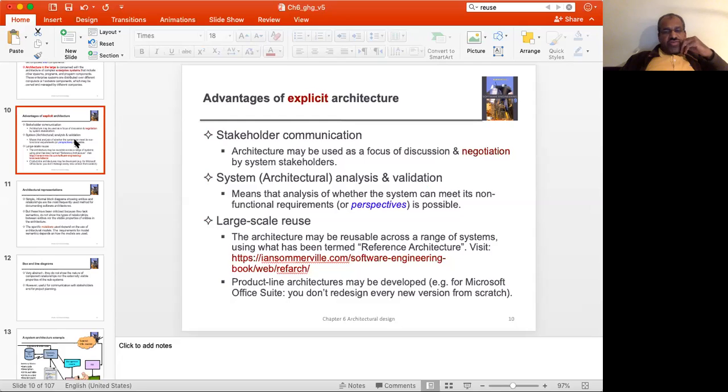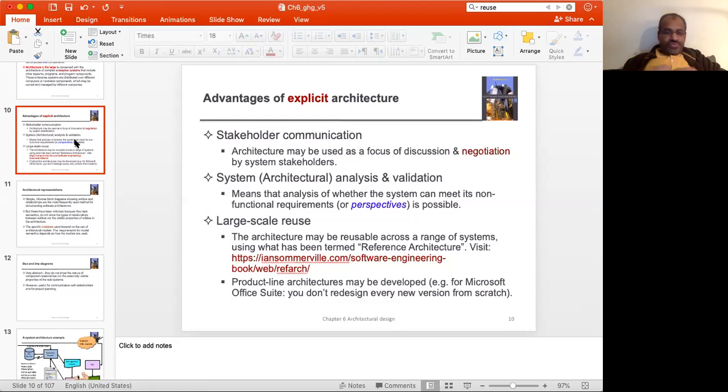Again, the advantages of representing your architecture explicitly, and I deliberately use this term explicit. It's visible, it's open. People in your team can look at it and can understand it and can interpret its meaning. One of the first advantages is that it's good for communicating with your stakeholders, and stakeholders viewed widely.